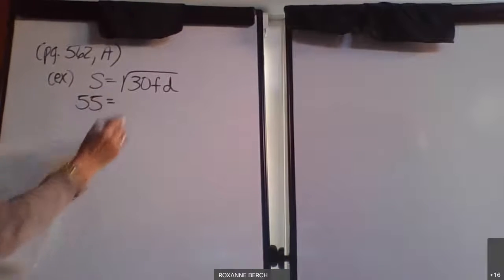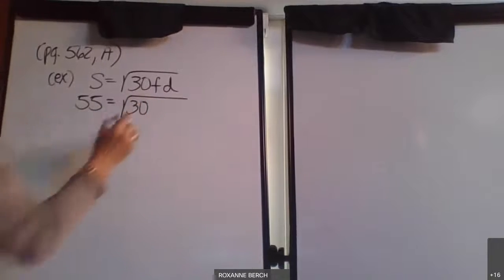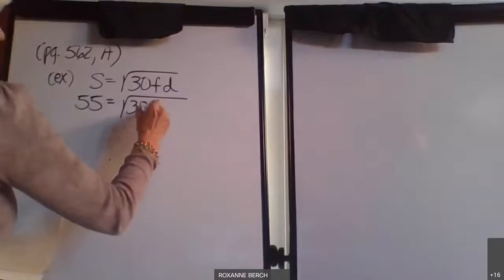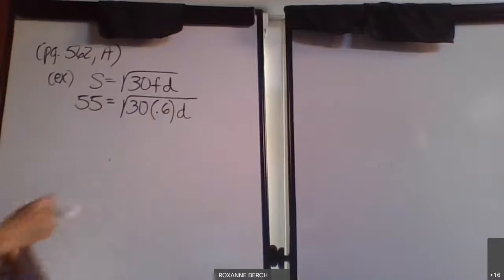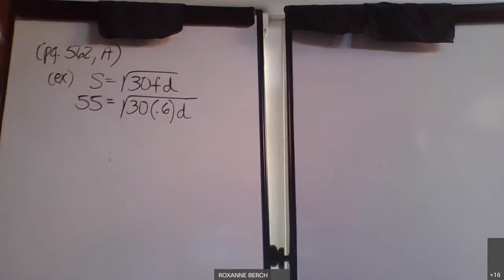The speed he's saying is 55, and F is the coefficient of friction, times 0.6, and we're actually going to solve a radical equation. So we're going to find the length of the skid.